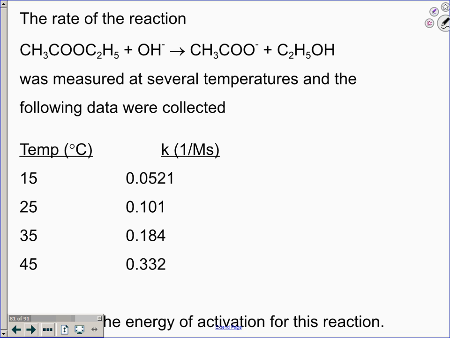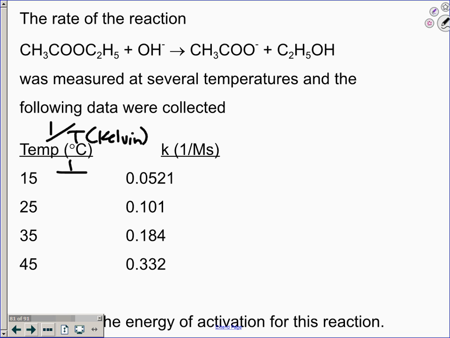1 over temperature, but how do I modify this temperature? It's converted to Kelvin. I cannot plug this straight into the calculator, okay? This has to be 1 over temperature in Kelvin. So you're plugging in 1 over what?